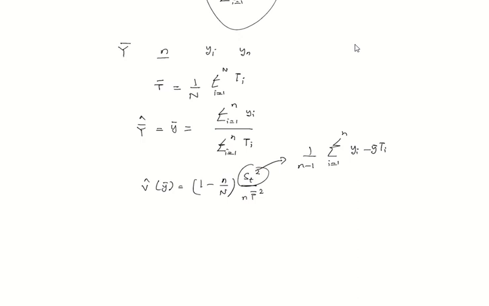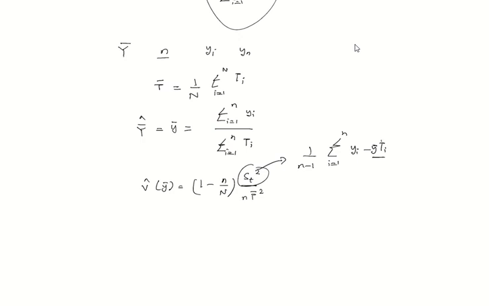What is y bar ti? Basically y bar is the sum of each, and then ti is the count in that, and that would give you the mean total.